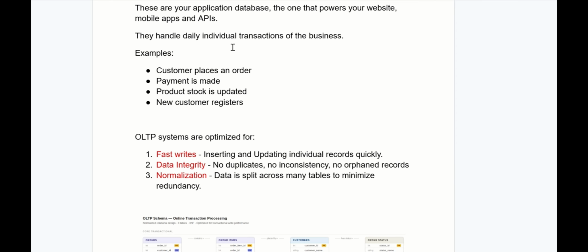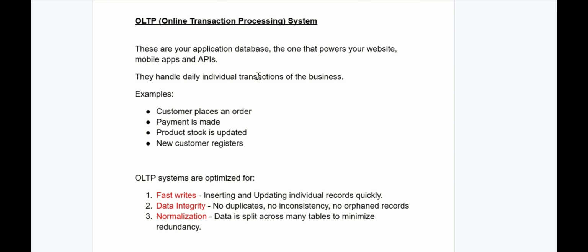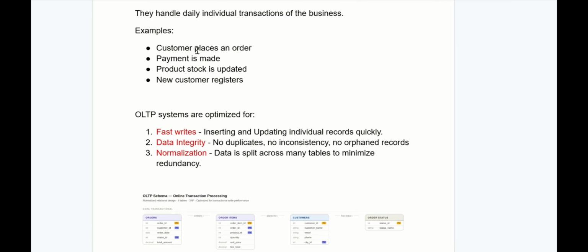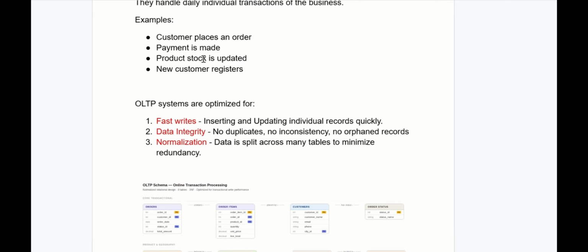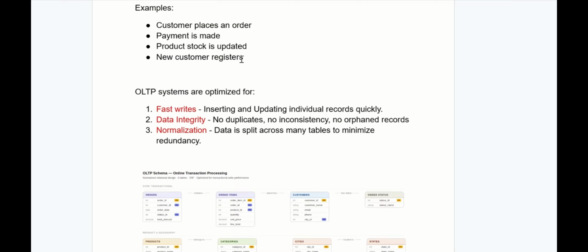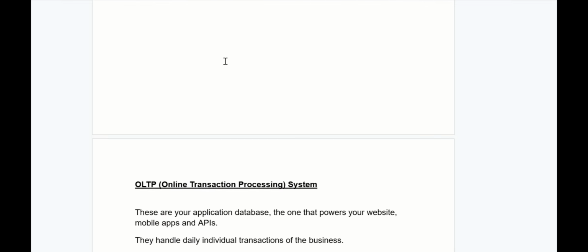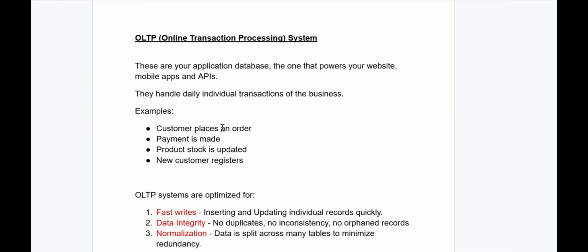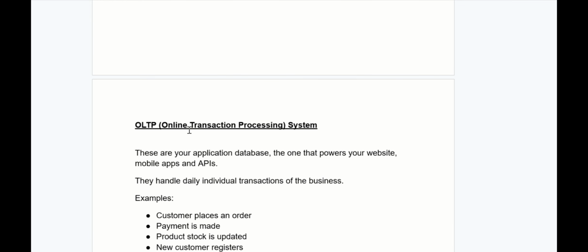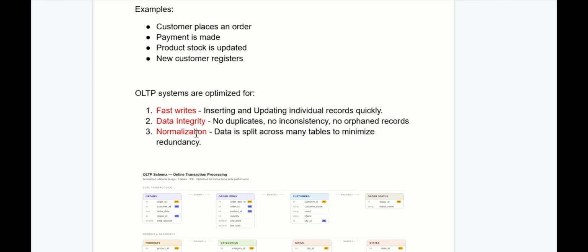They handle individual transactions of the business. Examples of a transaction: a customer places an order, payment is made, product stock is updated, a new customer registers. The data coming from these transactions is normally stored in the OLTP system.